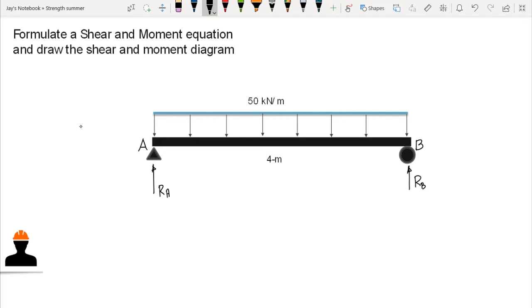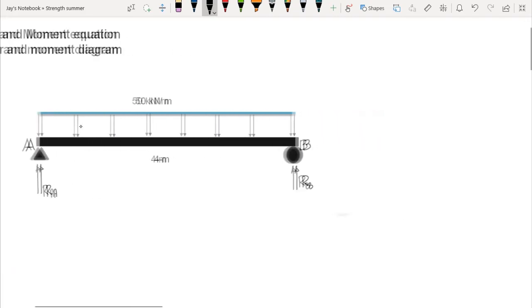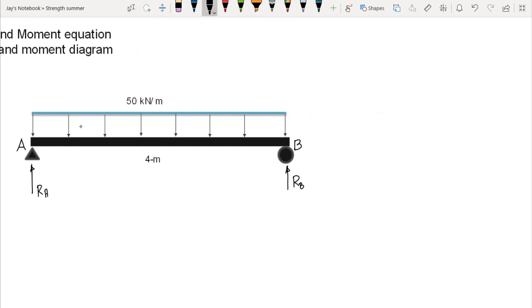So let's compute the external forces. We can sum up moments first at B, that is, summation of moment at B is equal to 0, and all forces that rotate counterclockwise are considered positive. So we have here RA.